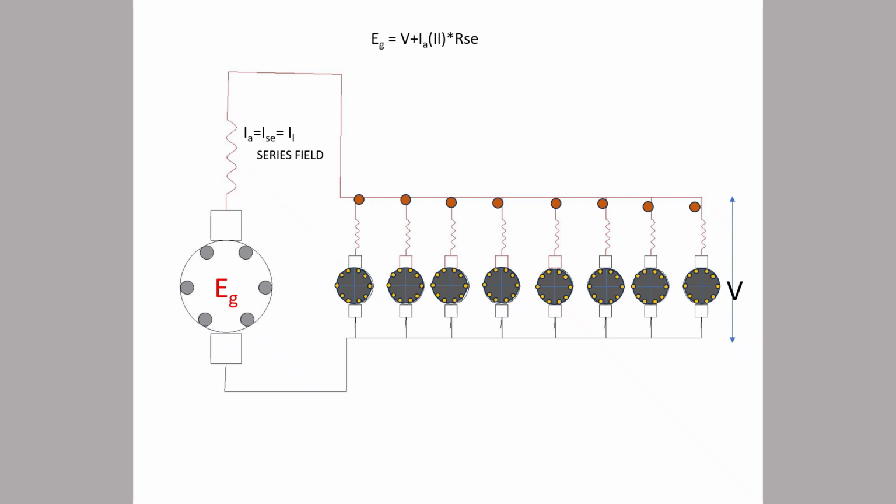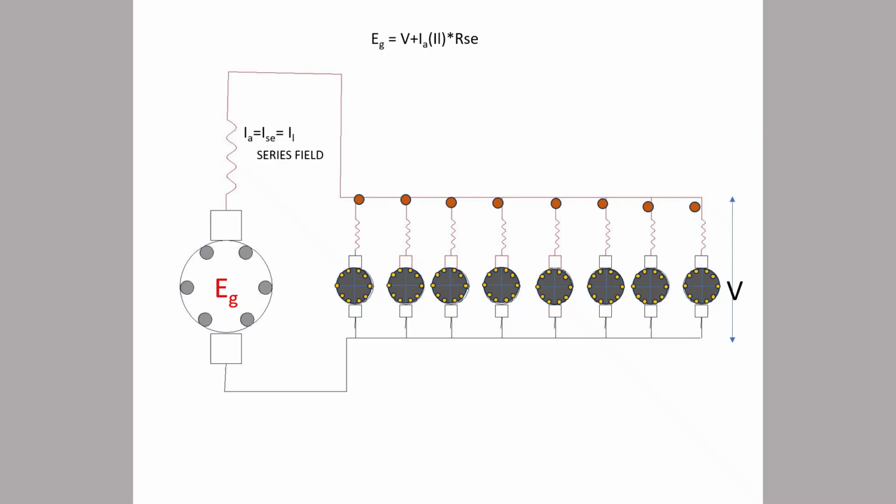Another thing is that this rotating system with a magnetic circuit will produce an AC nature of voltage, but we make it DC. How? With the use of brushes. It will allow the voltage in one direction only.